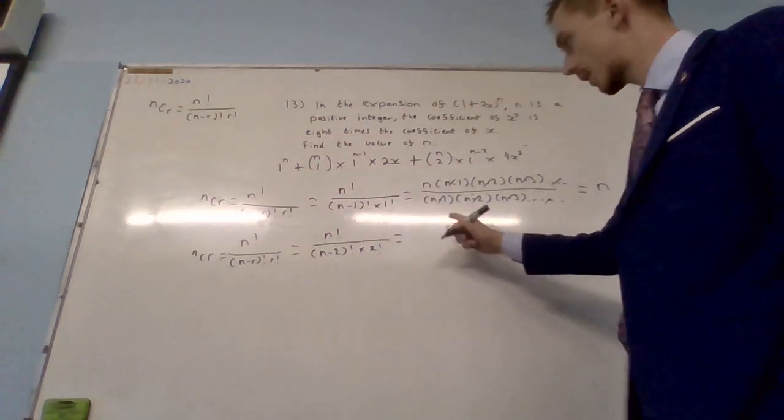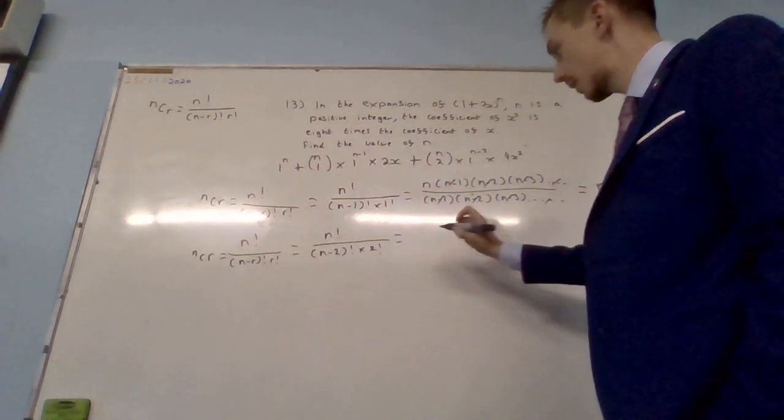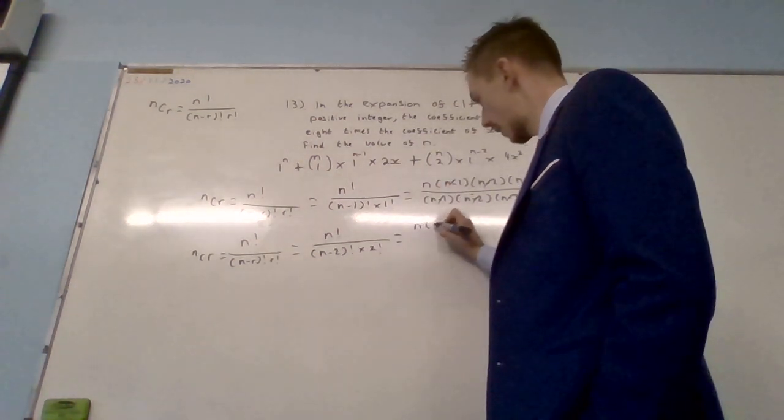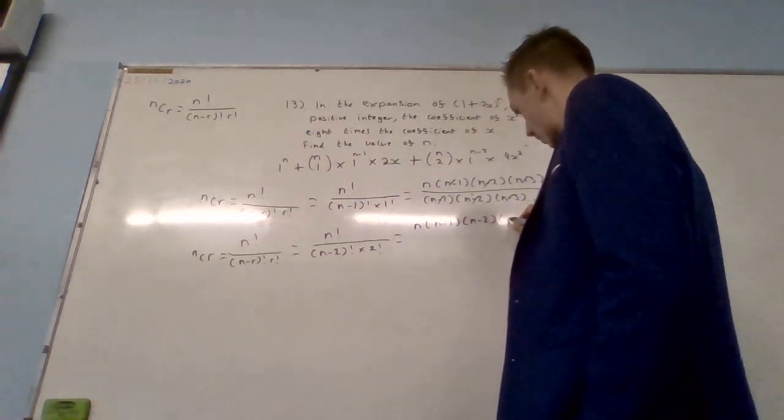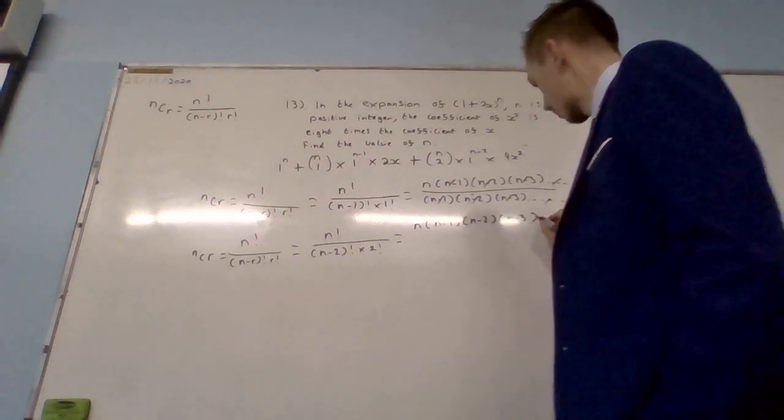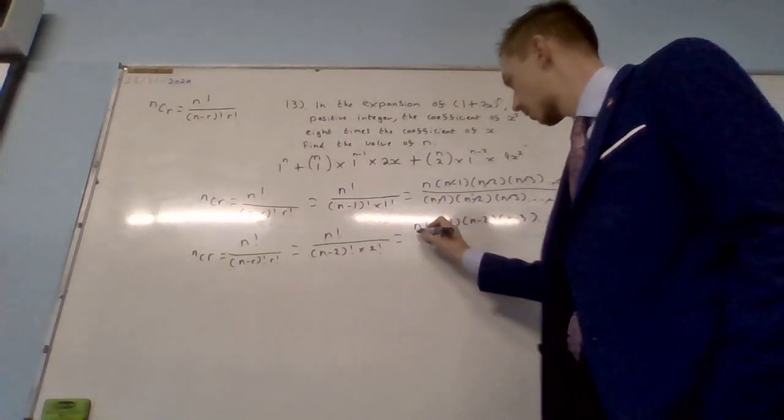For the top, I'm going to write it out again like this: n times n subtract 1 times n subtract 2. We'll stop there, dot dot dot.